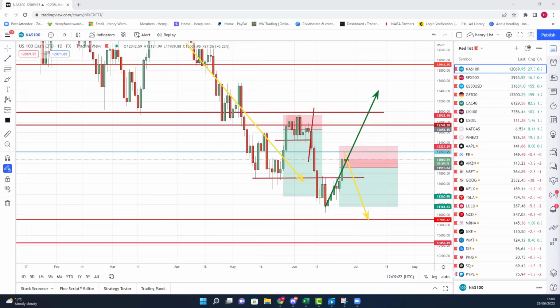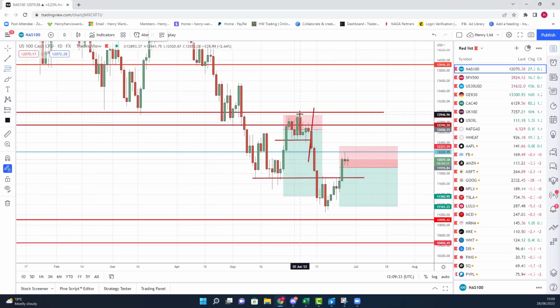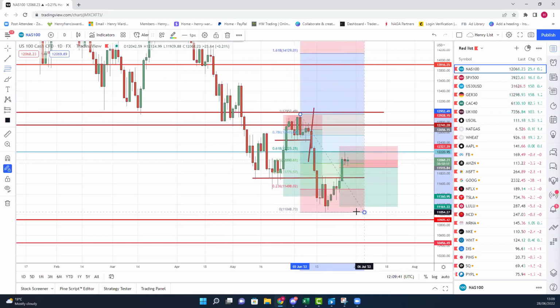And I'm pretty sure we also have some sort of Fibonacci at that level as well, if I'm not mistaken. 61.8 as well, sitting nicely on that level. So we have a Fibonacci level there as well.